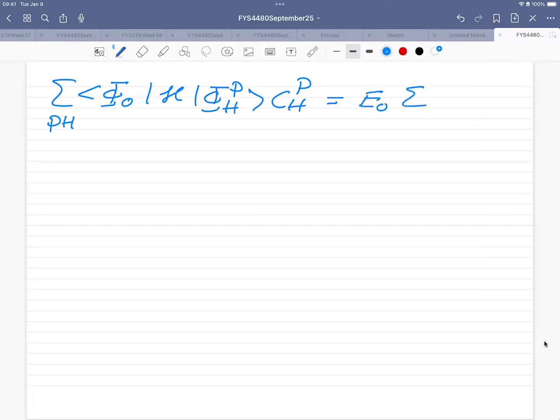And then we have the sum over pH, and we have the coefficient C^H_P, and then we have a coefficient here which gives us phi 0 times this Φ^H_P. Now we know that this is an orthogonal basis, so this is just going to pick out phi 0. So that will contain the first coefficient, which we called C0.